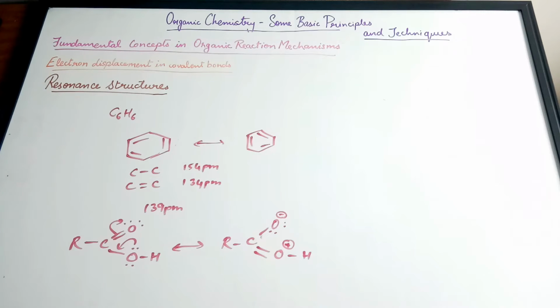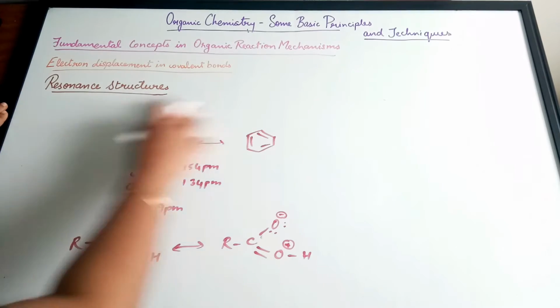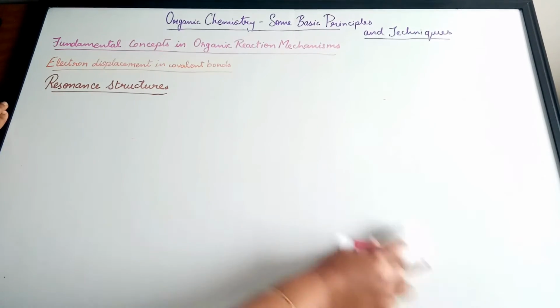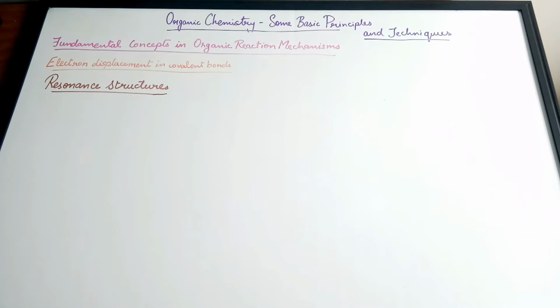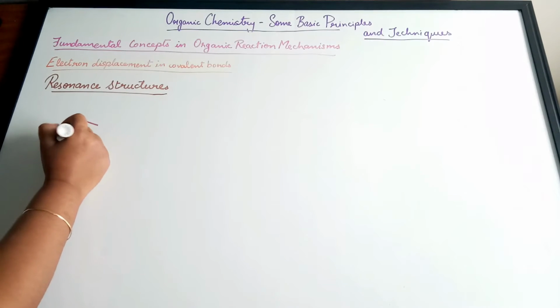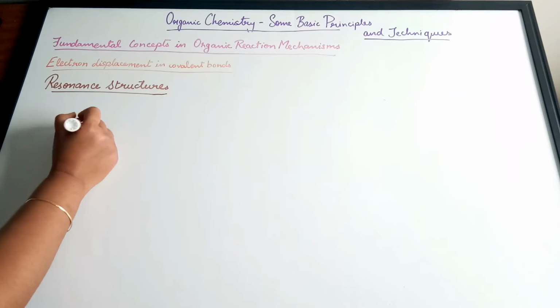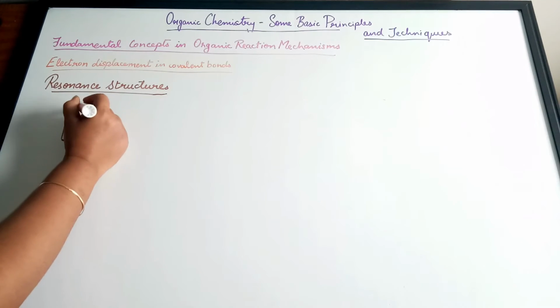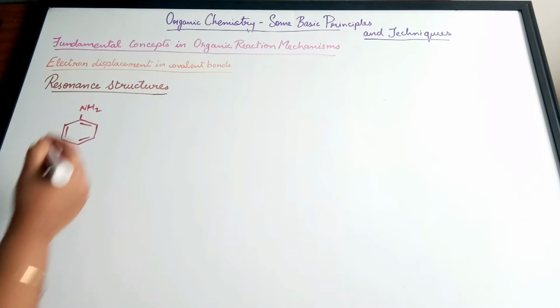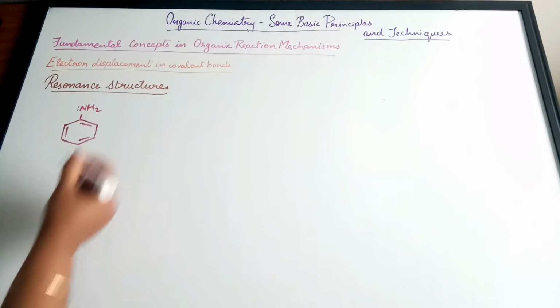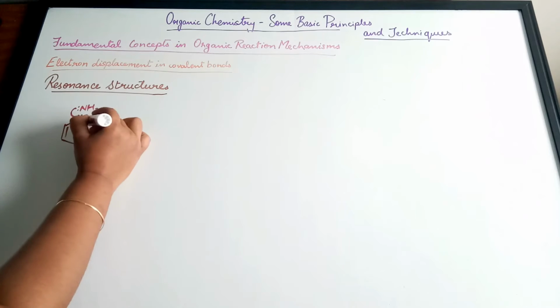Now another example is aniline. We learnt about aniline. Aniline is basically a benzene molecule, C6H5, attached to an NH2. So this is the benzene ring, and to one of the carbons an NH2 group is attached. NH2 is going to be electron releasing because of the presence of the lone pair of electrons.